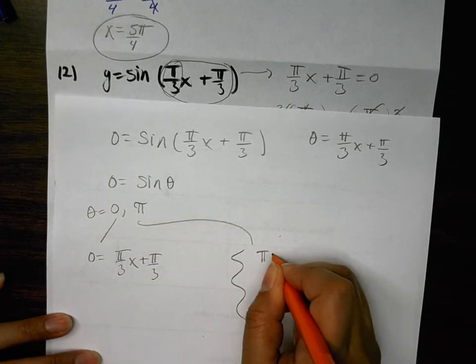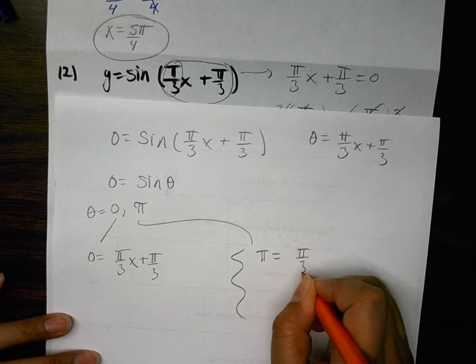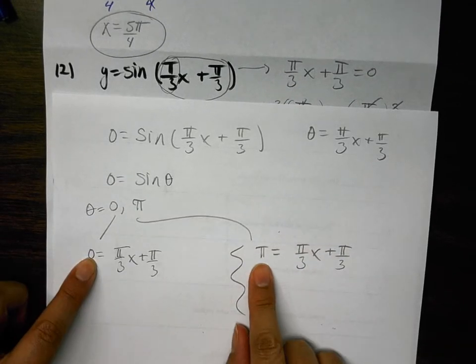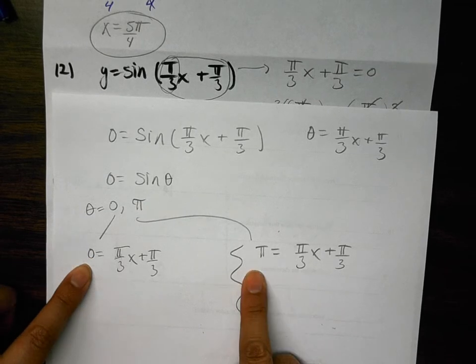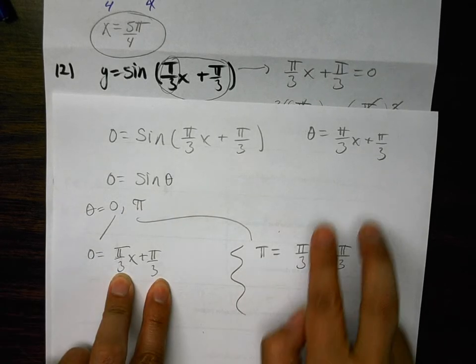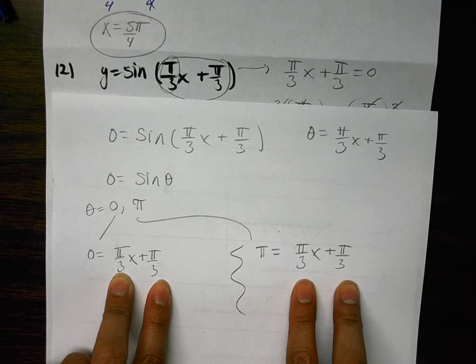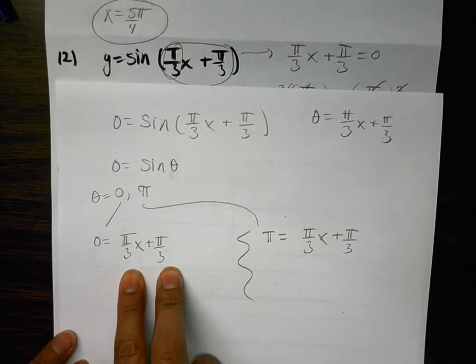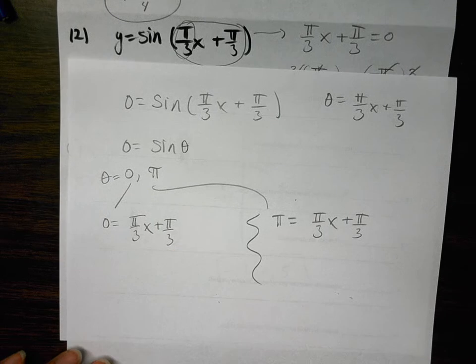And my other equation is going to be pi equals pi over 3x plus pi over 3. Here's the 0 answer, here's the pi answer, and here's what theta was originally. Theta was pi over 3x plus pi over 3.